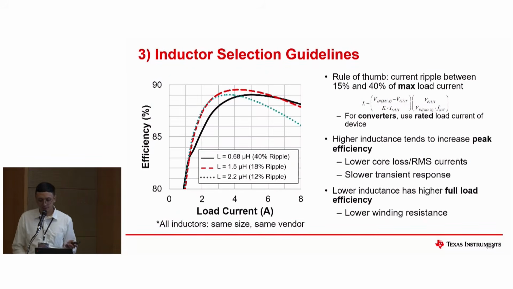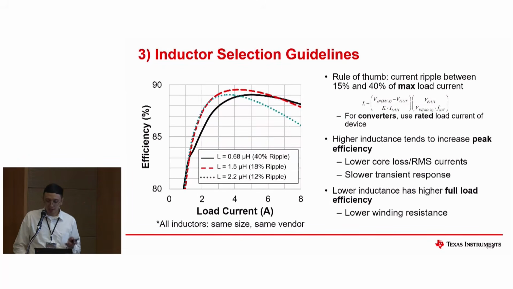So in terms of inductor selection guidelines, the main rule of thumb when you select an inductor is the current ripple. You should design your buck converter considering between 15 and 40% of the max load current, using this formula. For converters, they use a rated load current for the device.